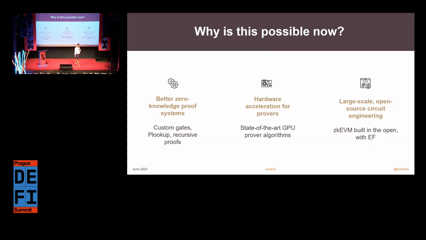And why is it possible now? What changed? ZKPs have been around for now 40 years, but it's only been in the last couple of years that big improvements in proving systems led to many orders of magnitude of speedup. There's been hardware acceleration that also provided several orders of magnitude of performance increase.